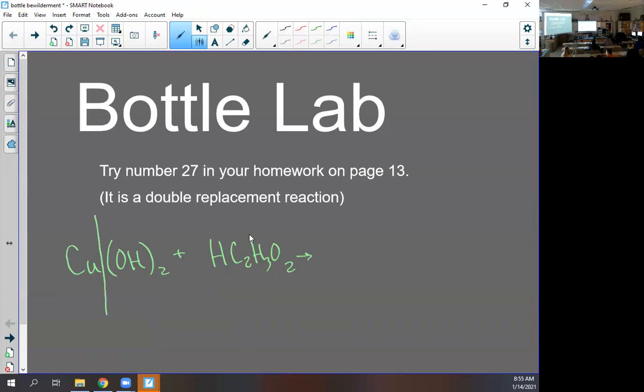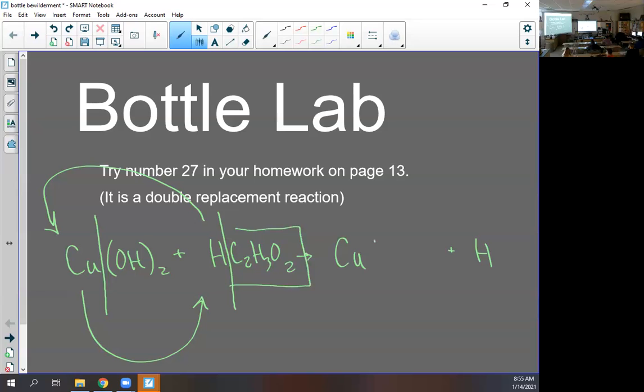You just cut the front side off. So I'm going to put Cu and something, and I'm going to put H and something. And then they switch partners, correct? So H comes over here, Cu goes over here. So Cu's new friend is this, C2H3O2.